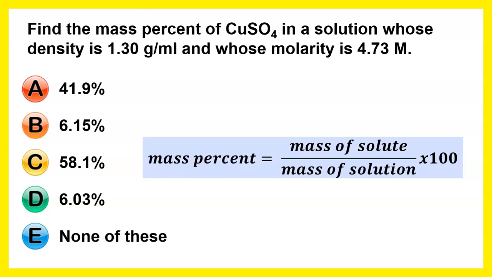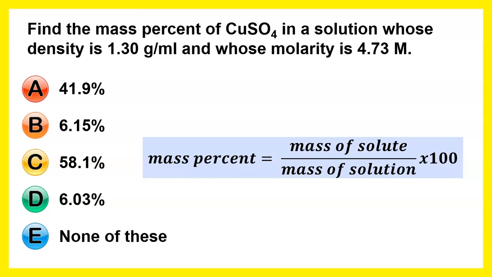For the first one, please find the mass percent of copper sulfate in a solution whose density is 1.3 grams per milliliter and the molarity is 4.73 molar. If you just looked at all those random numbers, you may not see how they connect.